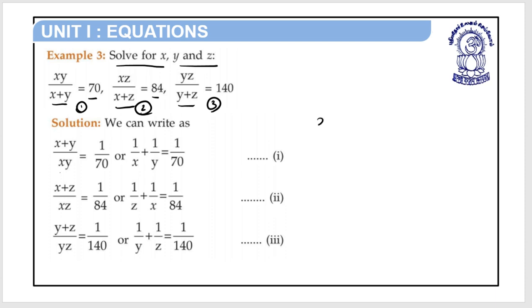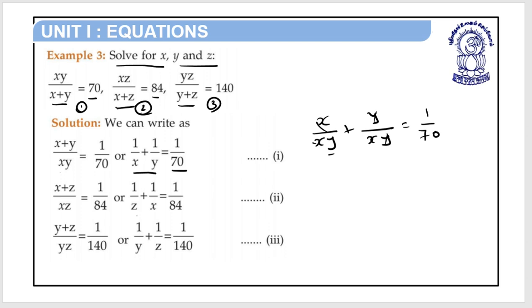Here we can also write x upon xy plus y upon xy is equal to 1 upon 70. X cancels, so 1 upon y, and y cancels, so 1 upon x. So 1 upon x plus 1 upon y is equal to 1 upon 70. Same way for xz upon x plus z is equal to 84, the reciprocal, x plus z upon xz is equal to 1 upon 84.